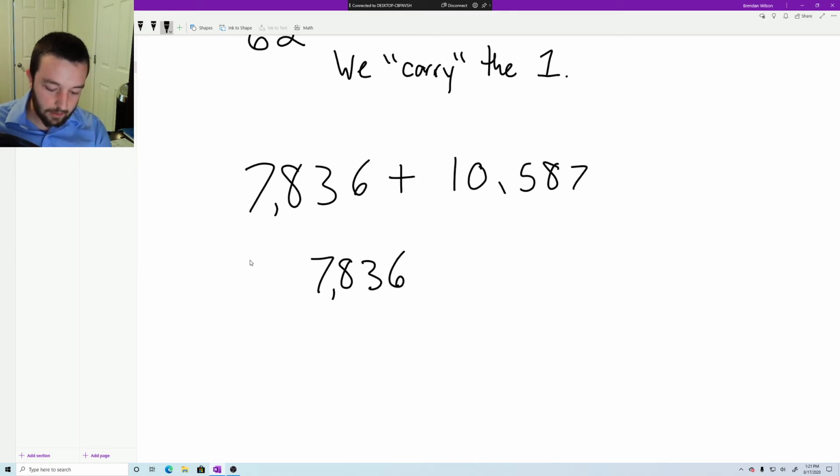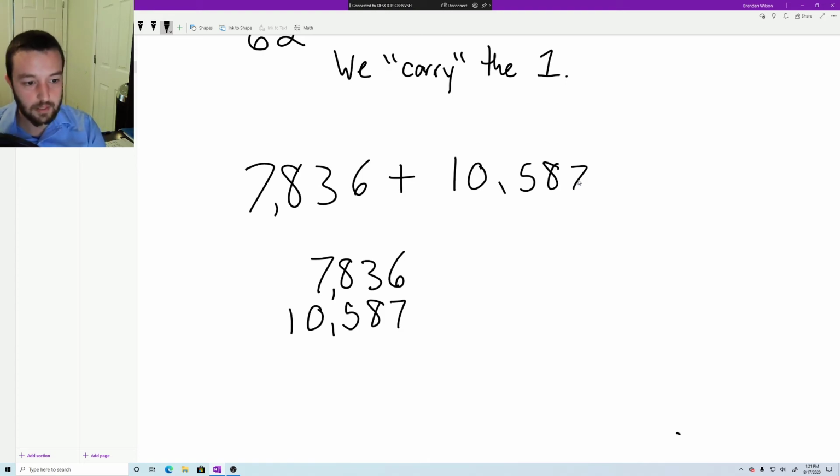So here we have the ones place, the tens place, the hundreds place, the thousands place. So here the 7 is the ones place, so we got to line those up. Then we have the 8 in the tens place, the 5 in the hundreds place, the 0 in the thousands place, and then the 1 in the 10,000s place. The 7,000 number doesn't have a 10,000s place.